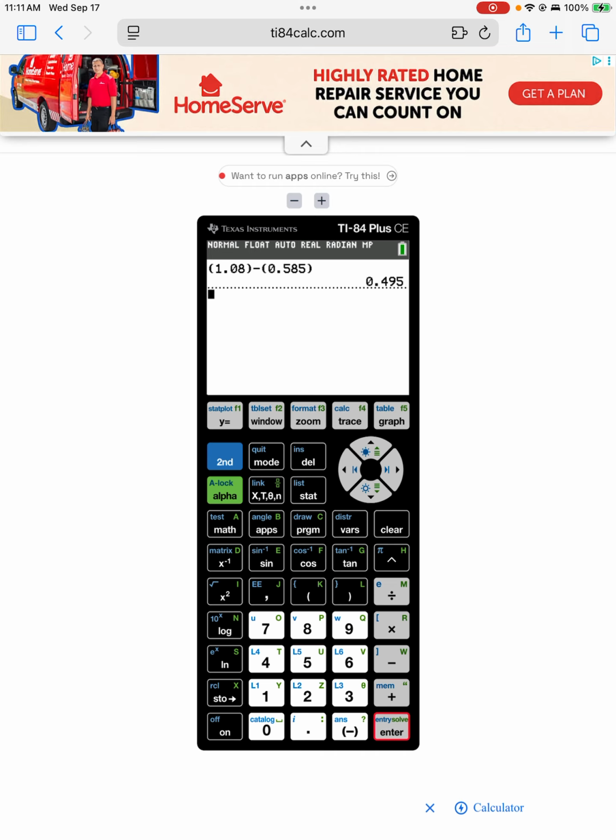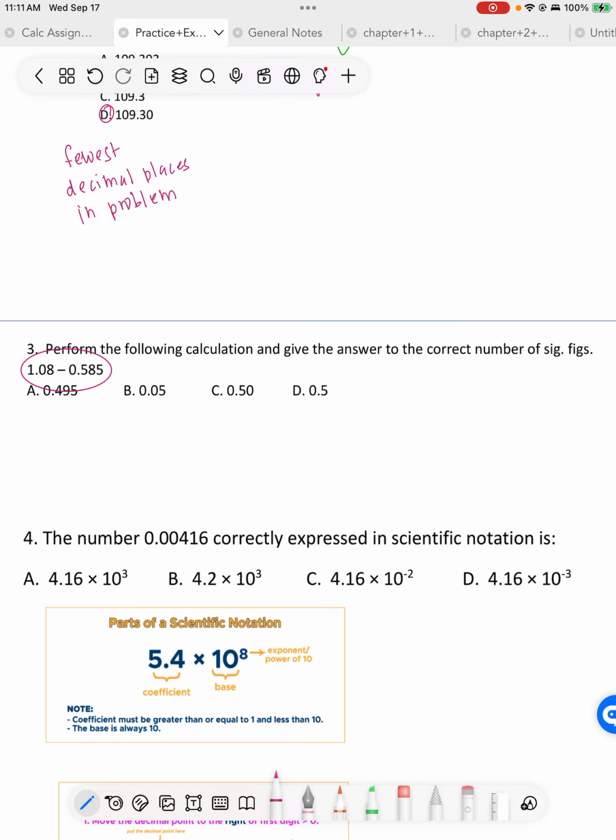With your TI calculator or any calculator you're using, you can do this simple one without parentheses. We get the same number, but it's always good to be in the practice of using parentheses for when you're doing multiplication with scientific notation or multiplication and division, but we'll do a couple of those problems. So our answer is 0.495.